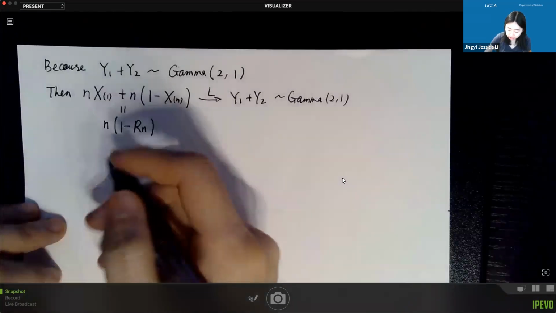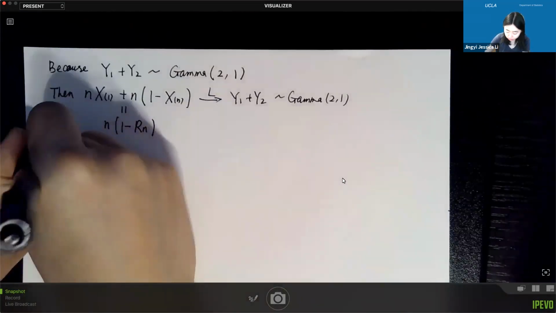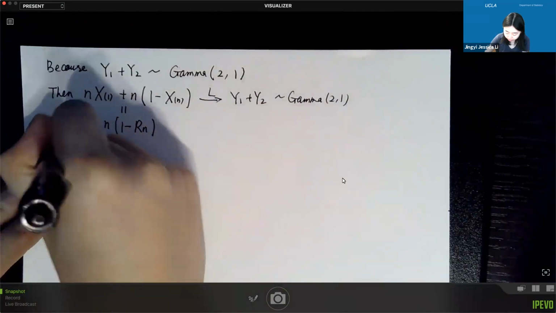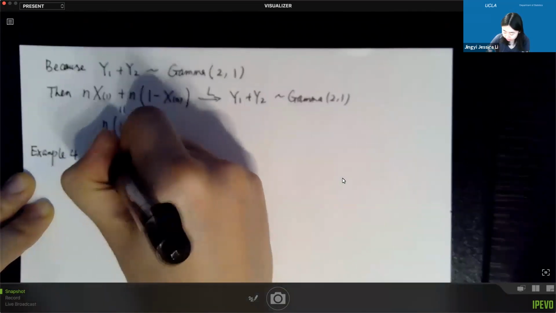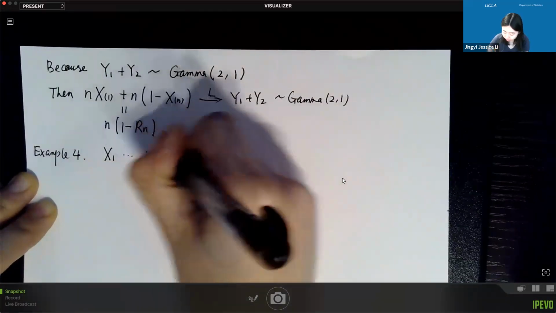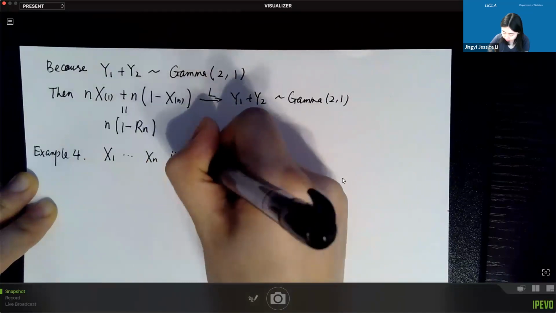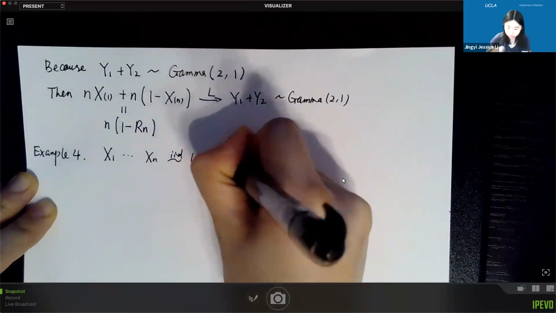Now let's continue our discussion about the uniform distribution by moving to example 4. Now we are interested in the joint asymptotic distribution between the maximum and the second maximum. So still the same setting: they are i.i.d. uniform 0 to 1.